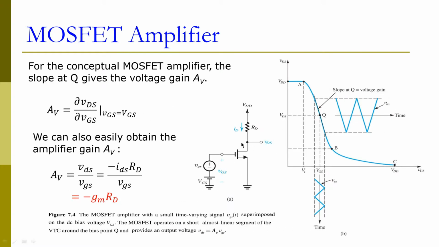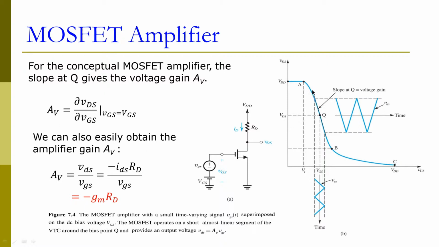For this conceptual MOSFET amplifier, the slope at Q will give us the voltage gain, which can be calculated by taking the slope at this point. And we can also easily obtain the amplification gain.